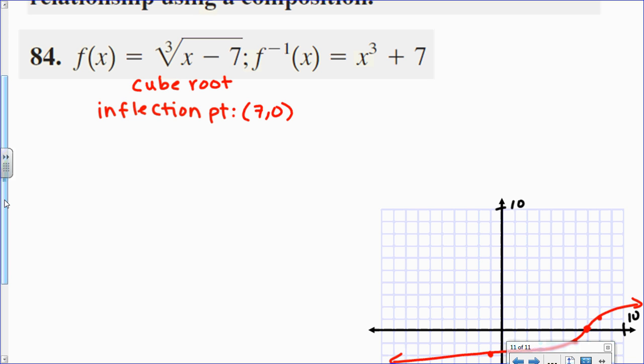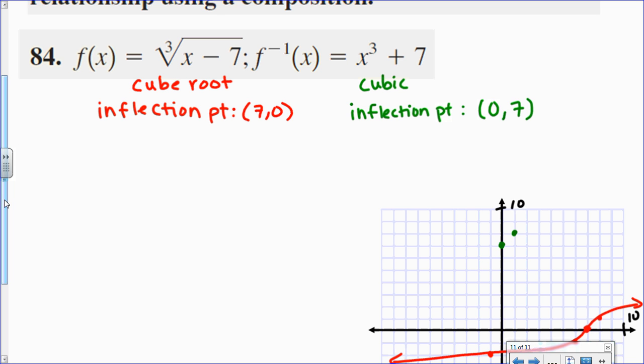Then I look at the inverse. What type of function is the inverse? Yep, cubic. It also has an inflection point. And this time the 7 is on the outside, so I move which way? Up 7. So 0, 7 is the inflection point. Okay, this time we're cubing. So from your inflection point, if you go right 1, 1 cubed is 1.